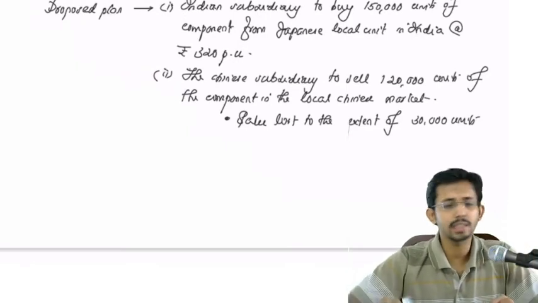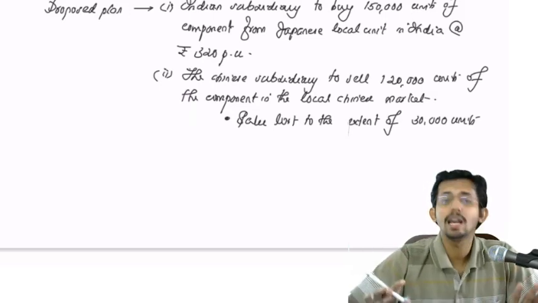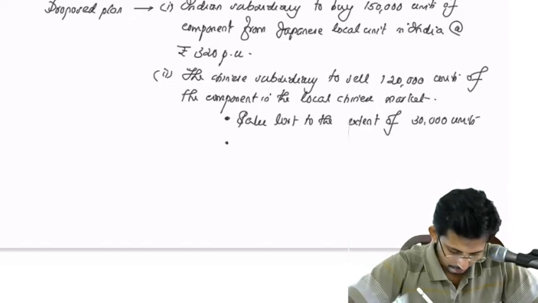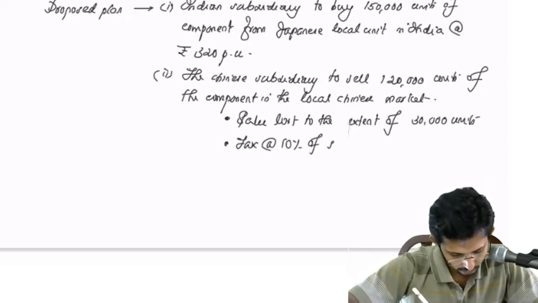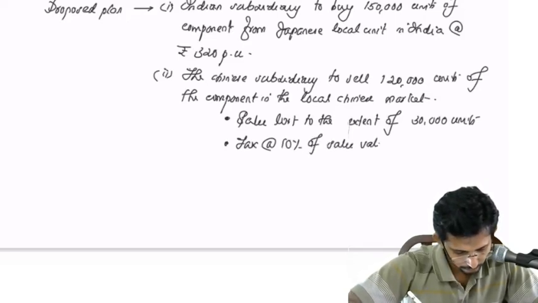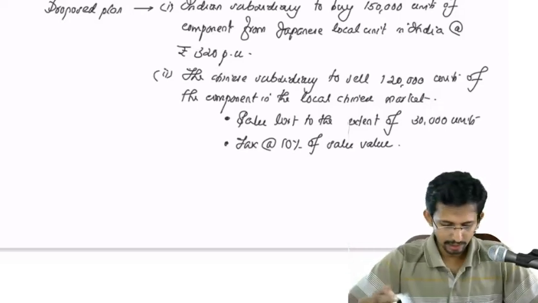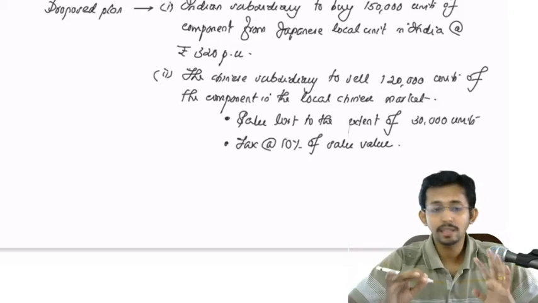But now in the domestic market, the demand is only 1,20,000 units, and they can sell only 1,20,000 units. That is one. Second, there is tax at the rate of 10% of sales value. Okay, there is 10% on the sales value. So these are the two things which need to be considered.